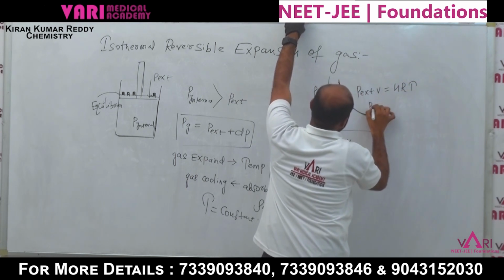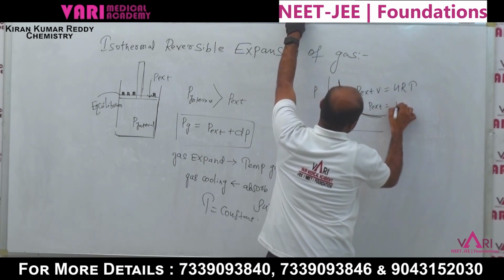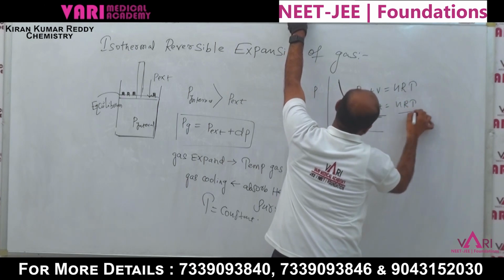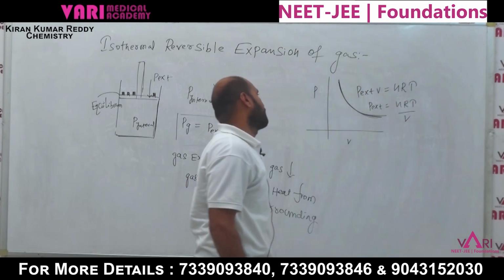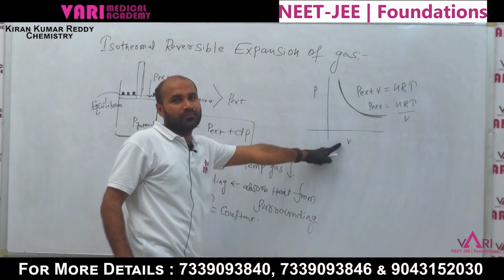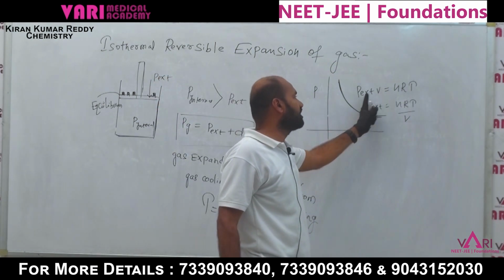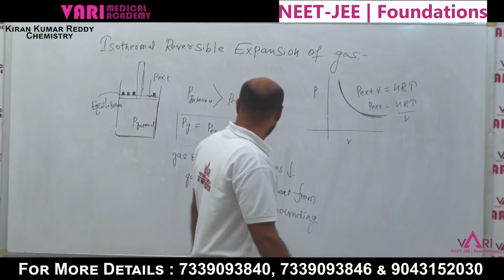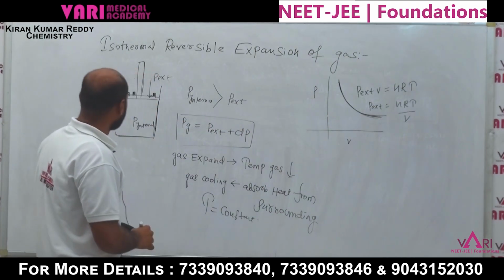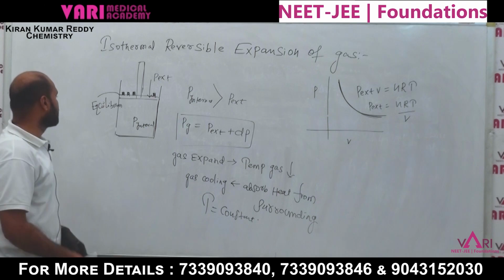In this case, P external is equal to nRT by V. From the pressure-volume rectangular hyperbola, P external V equals nRT. Now we can use the formula, understand this concept.